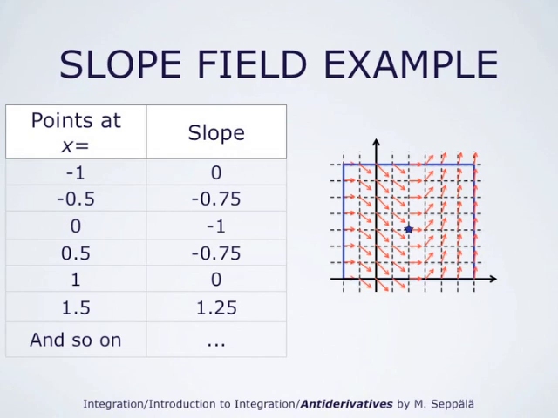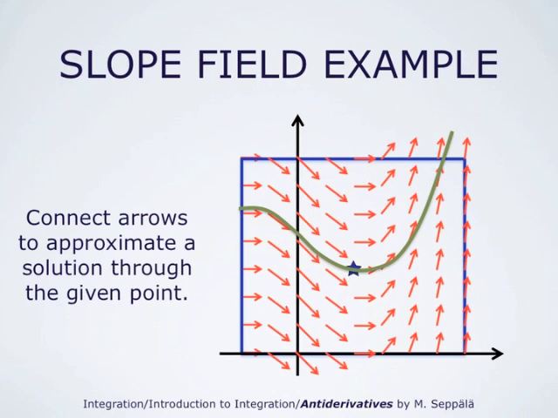Let us take a little bit closer look at the slope field, and now I delete the grid because we do not need it anymore. So we have the slope field arrows, and to get an approximation of an antiderivative of this function x squared minus 1, we simply connect these arrows and form this green curve.